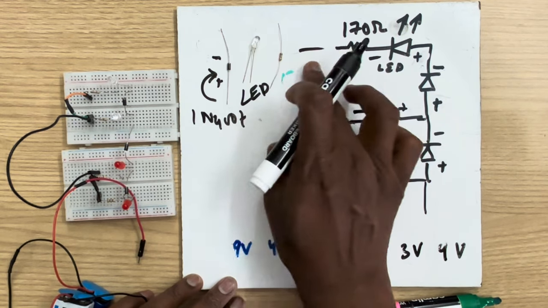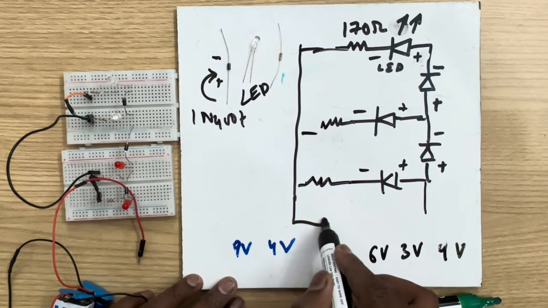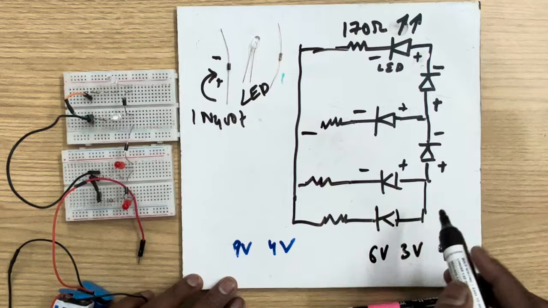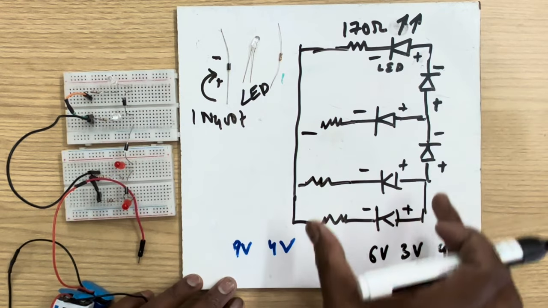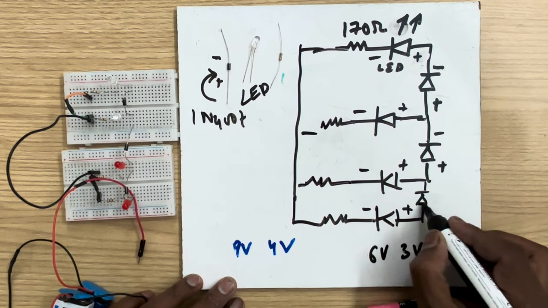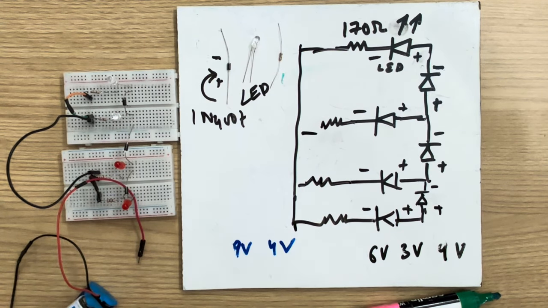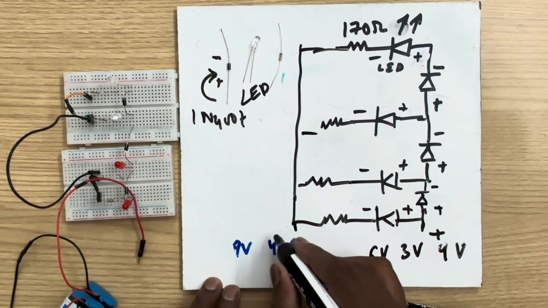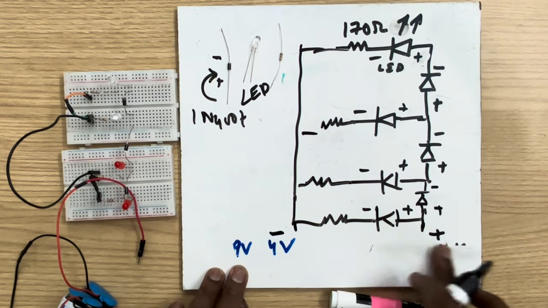Let me join this, and the last one. If you have fewer LEDs or resistances, you can make it with 2 or 3, because this circuit is identical. So minus and plus, and here you have to give the voltage, plus here and minus here.